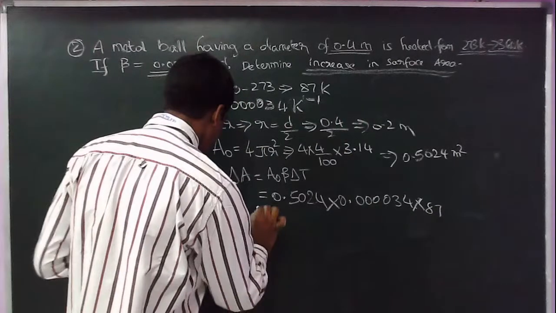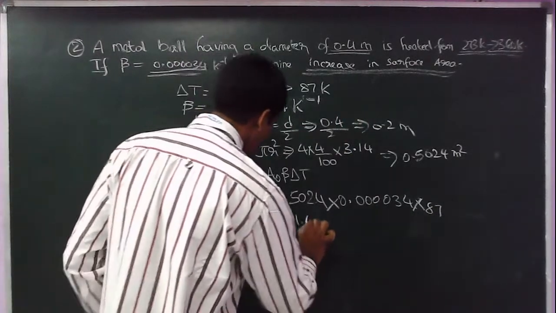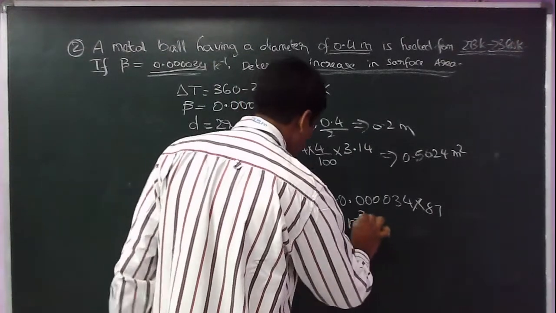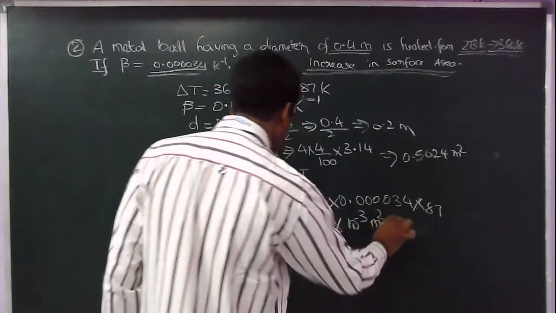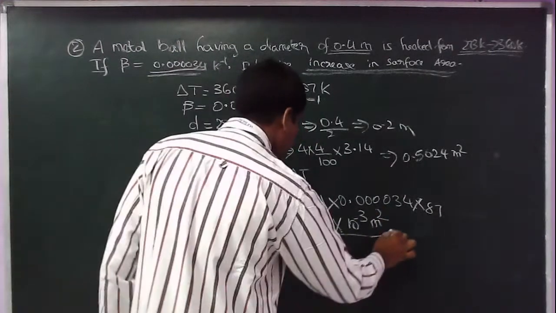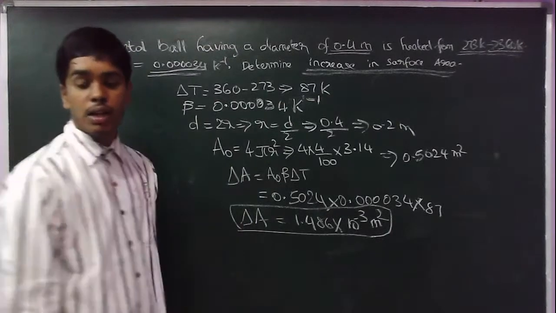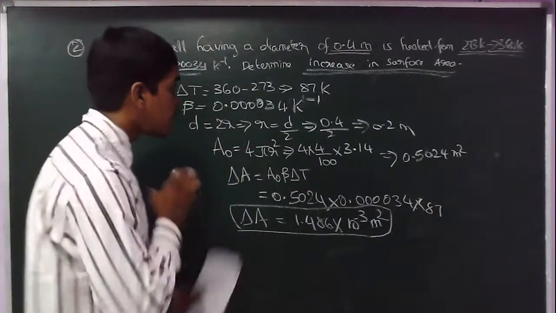If you solve this, you can get 1.486 into 10 to the power of minus 3 meter square. This is the area. So you can solve this by using this trick.